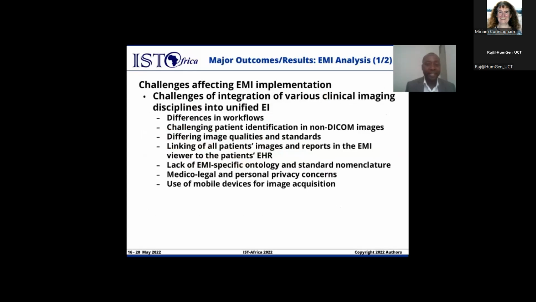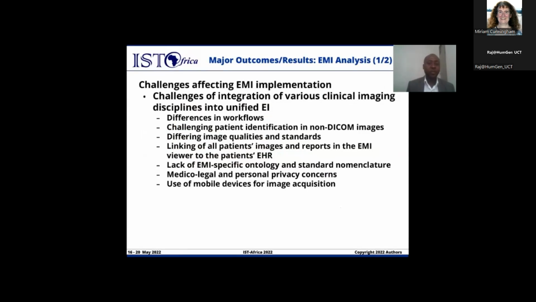Our meta-analysis generally revealed that there's one problem to do with the implementation of enterprise medical imaging, and that is the problem to do with the integration of various clinical imaging disciplines into a unified enterprise imaging strategy.